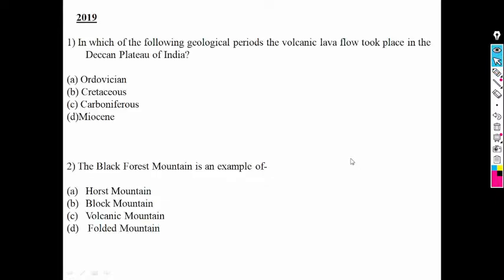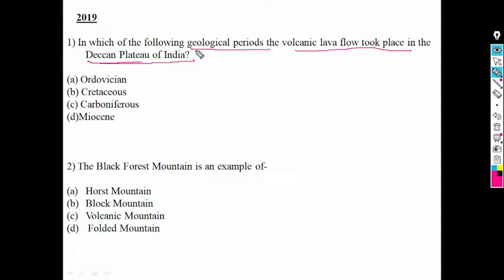This question is from 2019, previous year. After every two questions we'll discuss your answers, right? So let's go for the first question now. In which of the following geological periods did the volcanic lava flow take place in the Deccan Plateau of India?